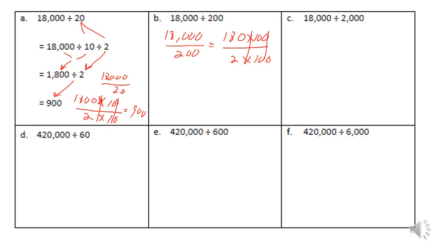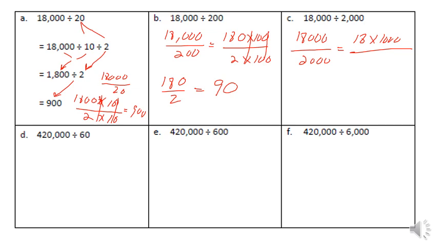Line out the common factors, so I have 180 divided by 2, and I know 18 divided by 2 is 9, so it'd have to be 90. The next one, we have 18,000 divided by 2,000. I'm going to take 1,000 out of it this time. So now I get 18 times 1,000 over 2 times 1,000. Line out common factors, and I have 18 divided by 2, which is 9.